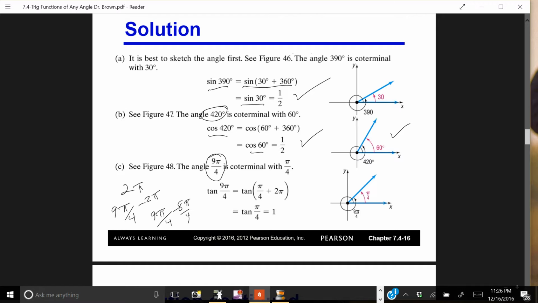So its angle would also be coterminal with pi over 4. So to take tangent of 9 pi over 4, just take tangent of pi over 4, which is 1. And you can do that on your calculator and get the same thing.